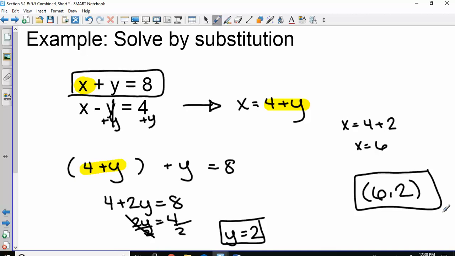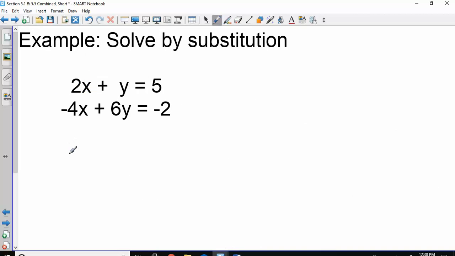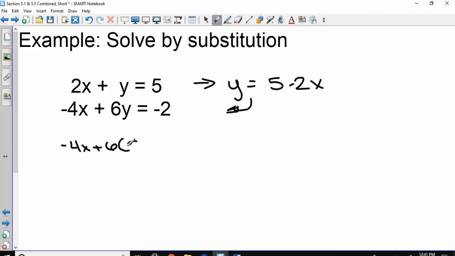All right. Ready for yours? Solve that one by substitution. So y is 5 minus 2x. You plug that into the second equation. So we have 4x plus 6 times 5 minus 2x equals -2.